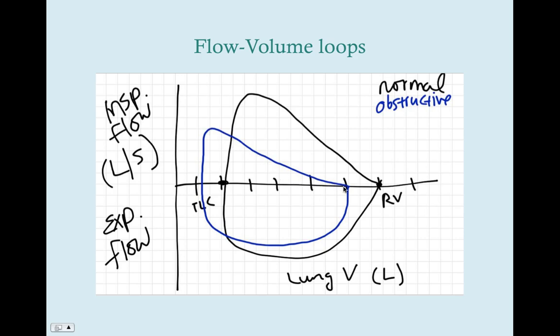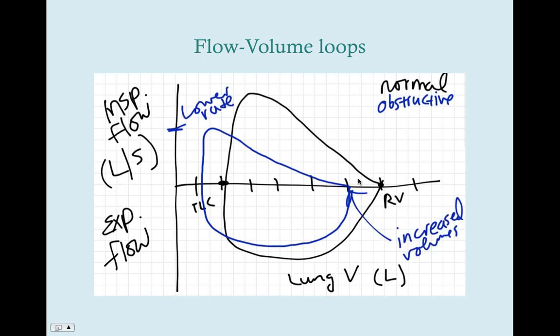That's part of obstructive disease, because remember, obstructive disease is a disease of flow. So we don't get as high of a flow. We do reach a total lung capacity, and that total lung capacity may be higher due to the increased residual volume, and then the exhalation. So notice the increased volumes with the elevated residual volume and air trapping, and the lower maximum rate.